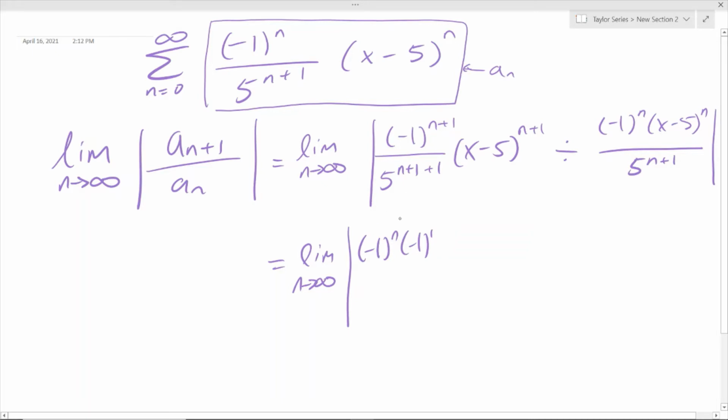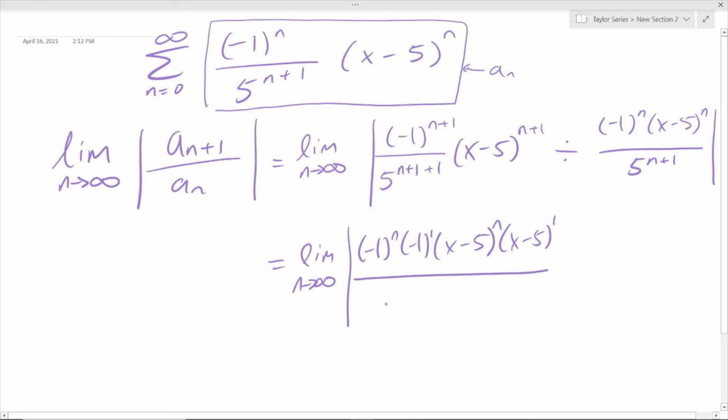So let's just take apart this and make it like this. So we can cancel stuff out with what we're dividing. So this is n, x minus 5 to the exponent of 1. Same concept, add these two together, you will get this. So I'm just taking that apart so we can cancel stuff out with this second fraction later on.